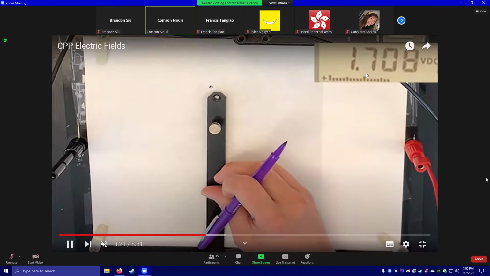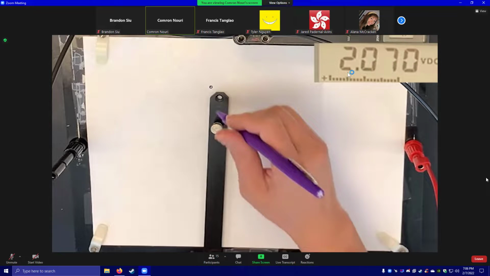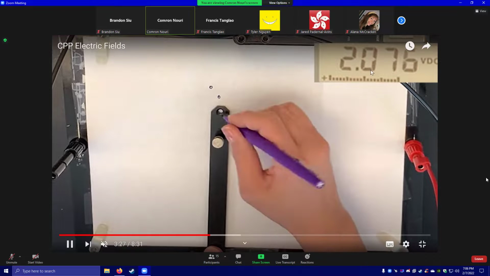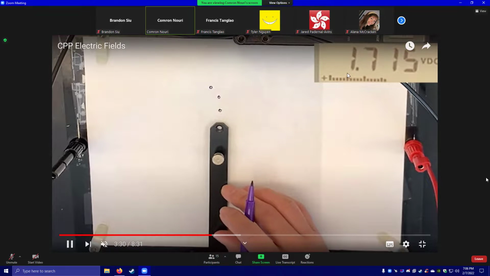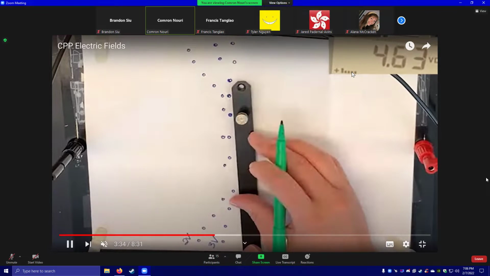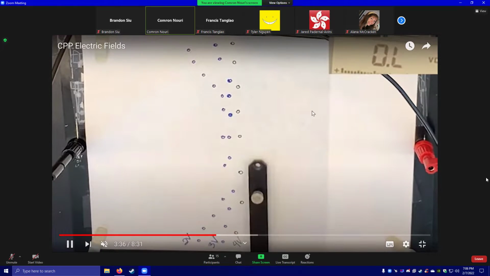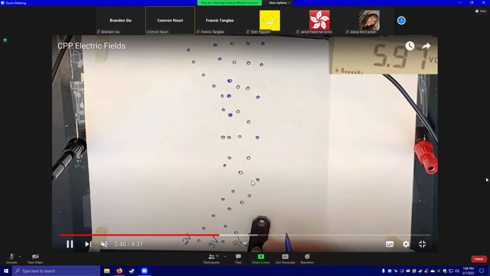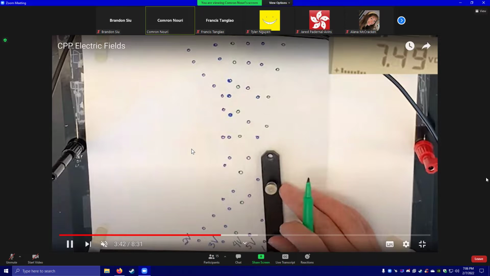I don't know why she's not very careful. So 2.07, around 2 volts, 2.078 or something. Less than 2.1, I think she's happy. And more than 1.9, she's happy with it. So she's just marking a lot of points with the same potential.